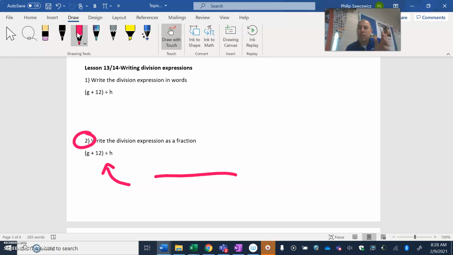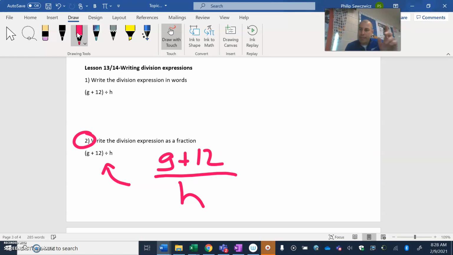So the division symbol is going to separate those two things that you're dividing. You can see I'm dividing by an H. And since the H came second, to the right of the division symbol, it's going to go in my denominator, just because we read from left to right and from top to bottom. And here's the thing, the G plus 12 doesn't need parentheses.